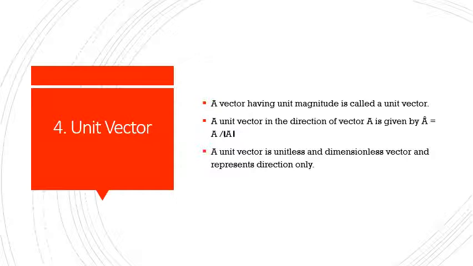A cap is equal to A divided by modulus of A, where A is the vector and modulus of A is the magnitude of the vector. Is that clear? A unit vector is unitless and dimensionless, and it represents only direction.